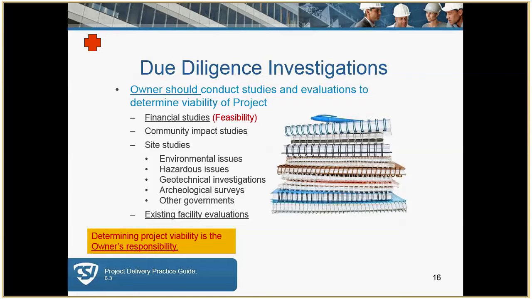And under this, we have the financial studies. We have community impact studies, site studies, which include environmental issues, hazardous issues, geotech, archaeological surveys, and other government. One of the comments to be made here is that although we may be actually helping clients quite often doing these due diligence investigations, they say that it's the owner's responsibility, and this is primarily because, again, we're referring back to the AIA B101 agreement, and this would be considered an additional service.